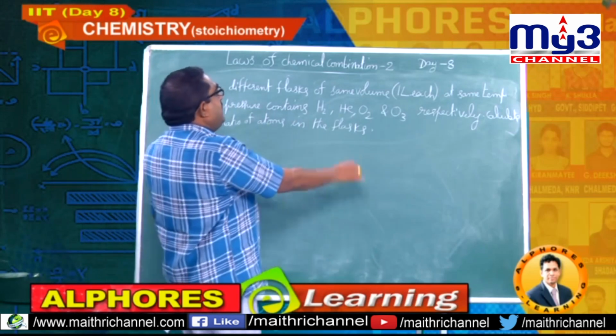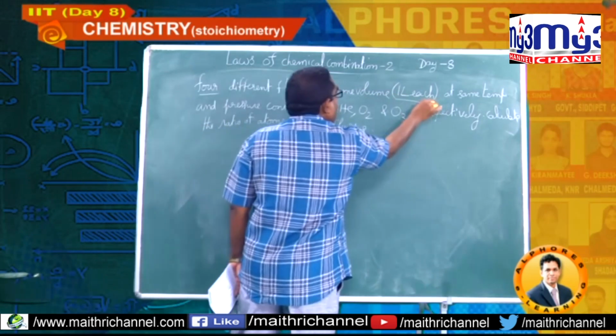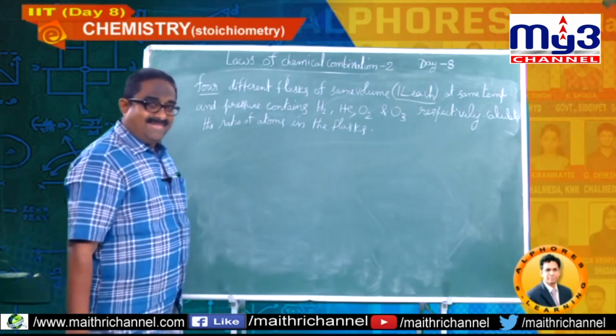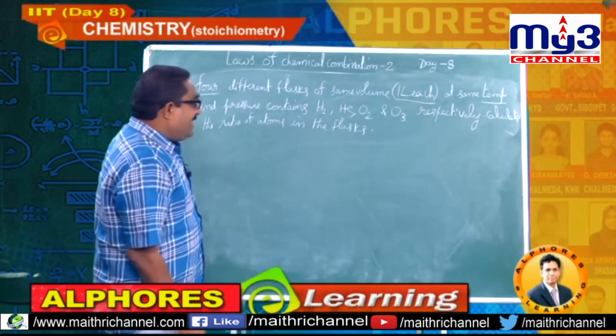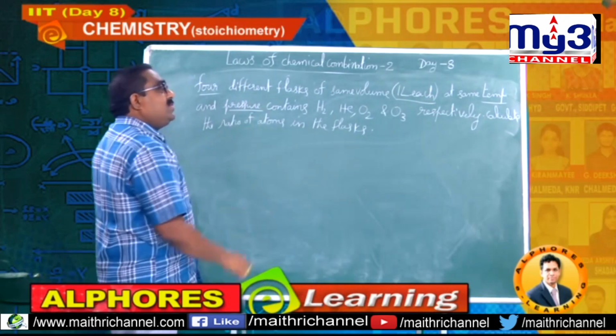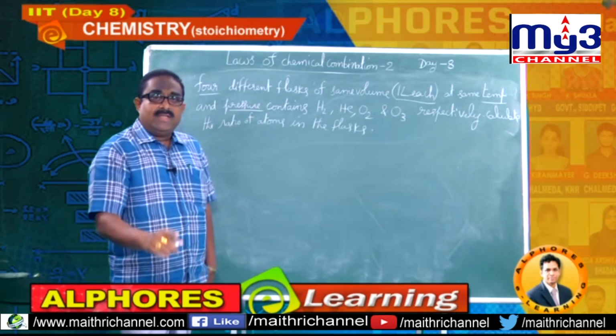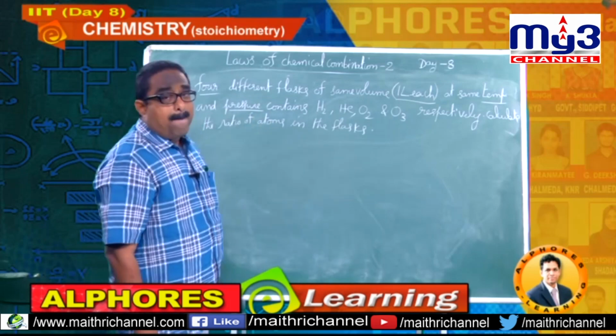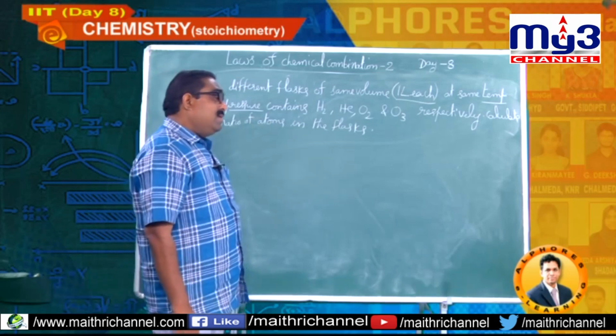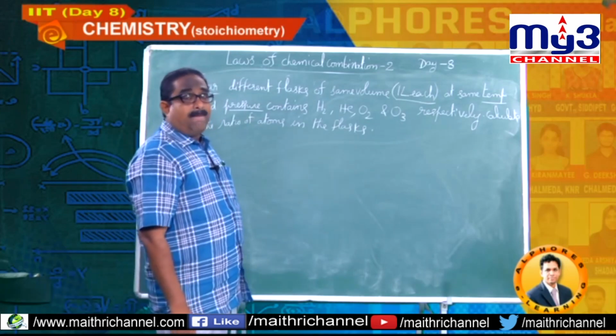Here volume is same for all 4 flasks. Temperature is same and pressure is also same. So this is nothing but the application of Avogadro's law, what exactly we have learned in the previous session.